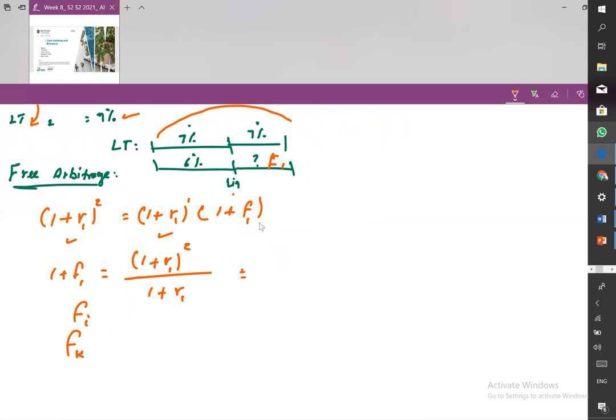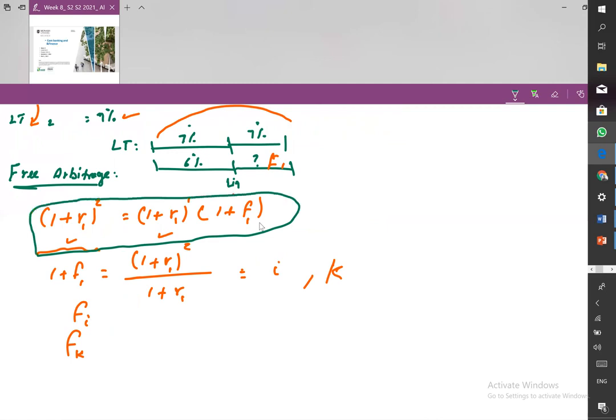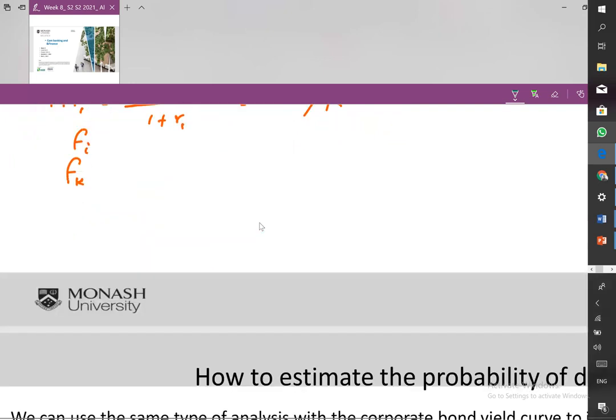If you are talking about the I, you can do that. If you want to talk about the K, you can do it with the same thing. This is the most important formula that we have to understand. This is how we get the forward for year 1, assuming no arbitraging. Having said that, let's go to the example.